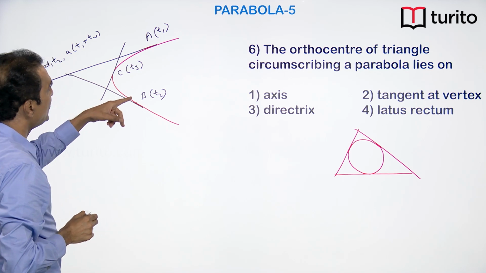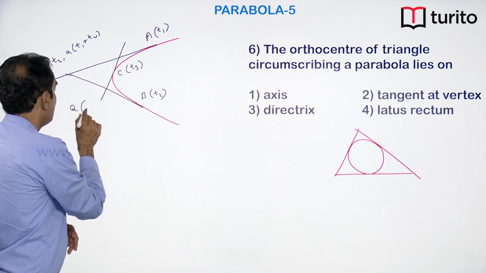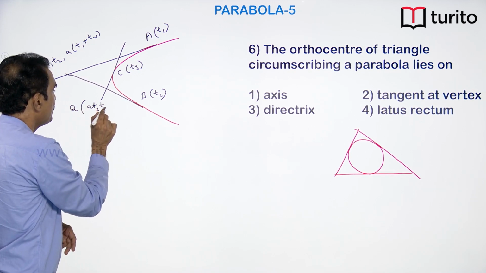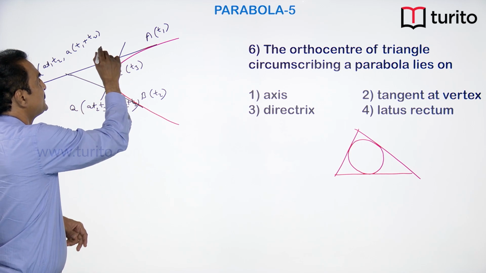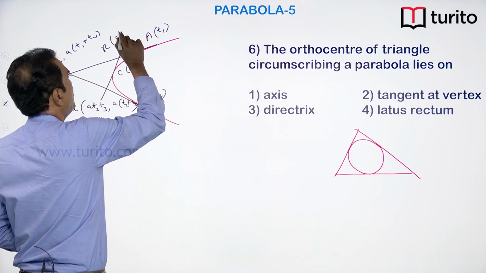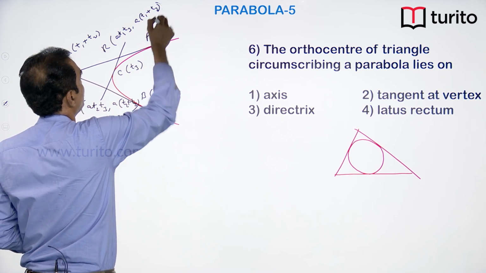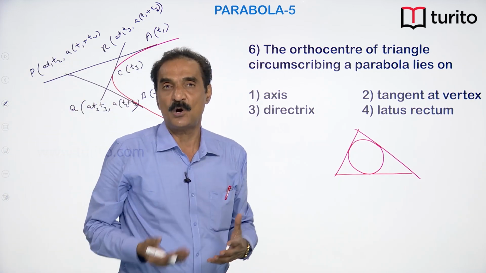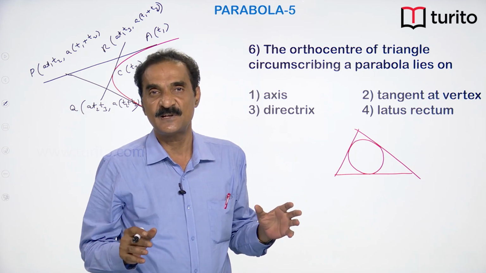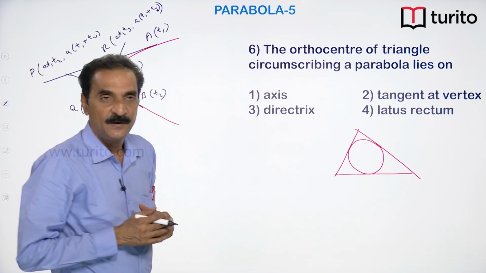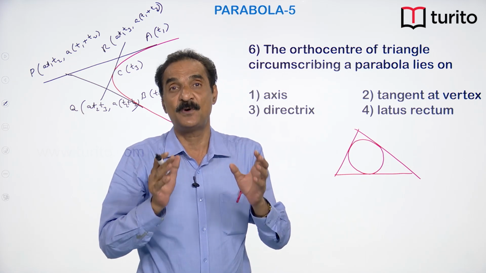Similarly, point of intersection of the tangents at T2 and T3, this is, say, Q. Q is (a T2 T3, a into (T2 plus T3)). Similarly, this is R, (a T1 T3, a into (T1 plus T3)). Actually, equation of the parabola is not given. In such cases, we assume that parabola is y square is equal to 4ax and get the answer. Okay. If anything is proved for y square is equal to 4ax, it will be true for all parabolas. That is why we are studying the simplest form or standard form.